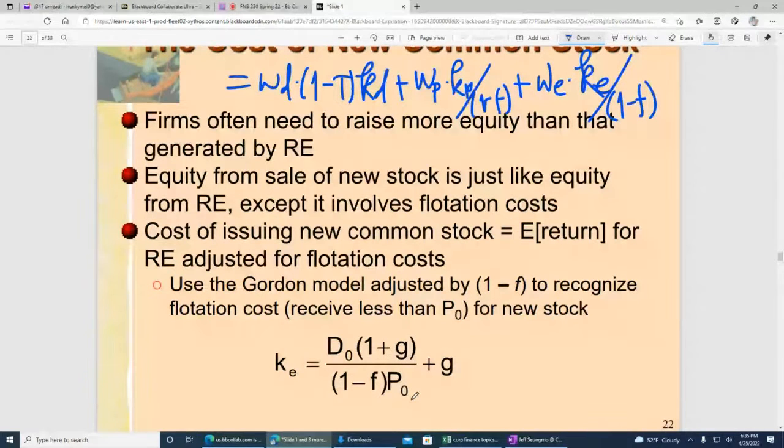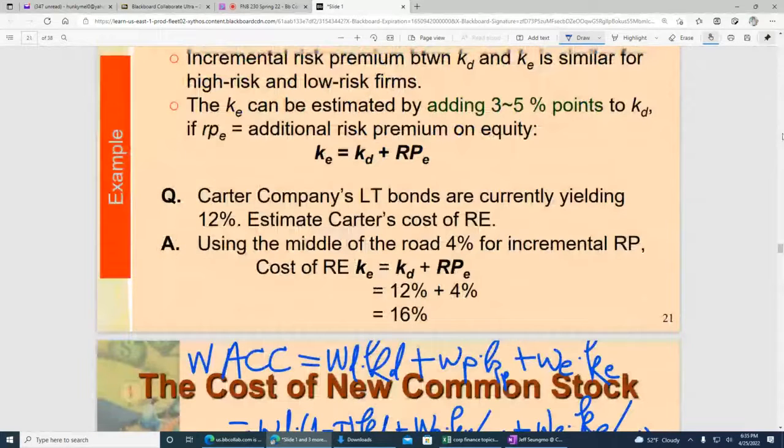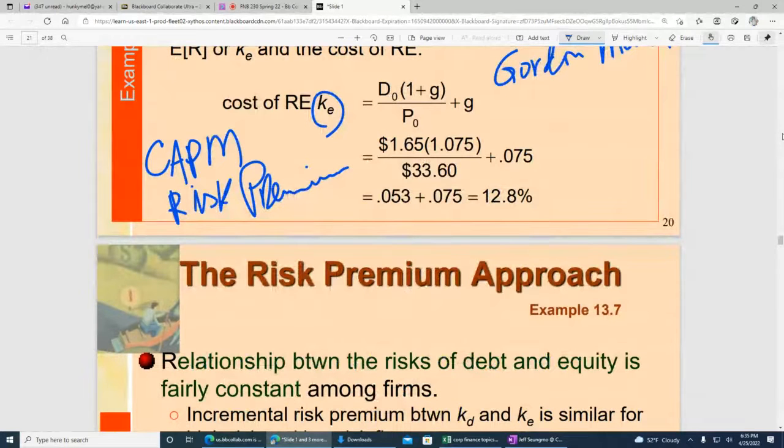We need to make an adjustment to that formula for the flotation cost. Previously, the formula was the Gordon model, which finds the price of the stock based on the dividend at time 1 and R minus g.